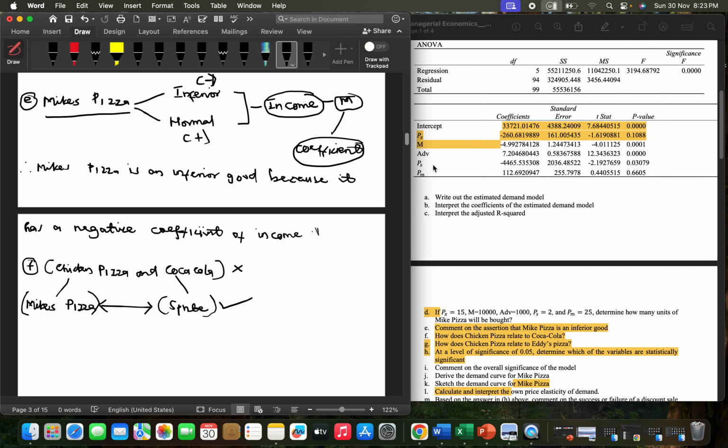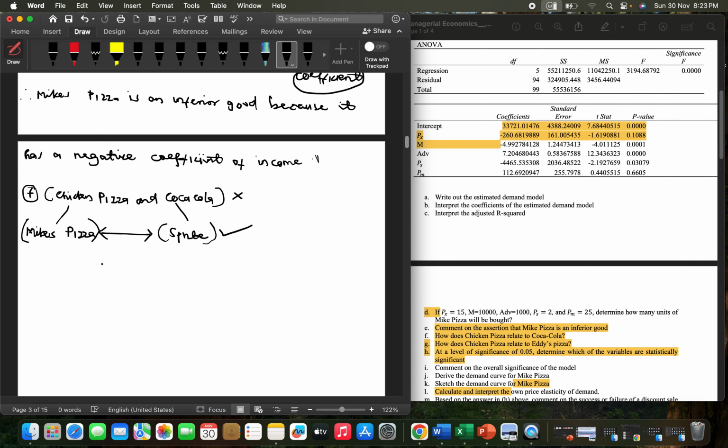Sprite. So you check px. This is what? Px. So you check the coefficient as what? Negative. Are you okay? So whenever the question is talking about relationship, relate is the same as what? Relationship. Let me do it here. Relate or relationship.